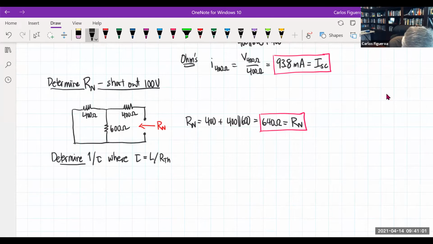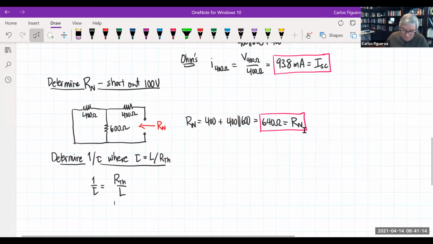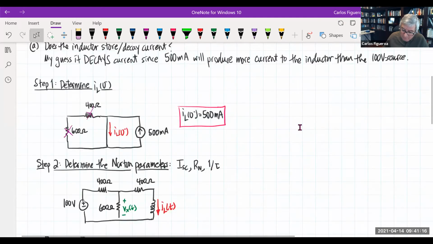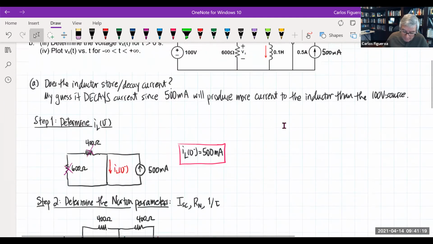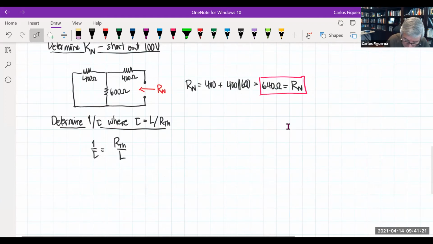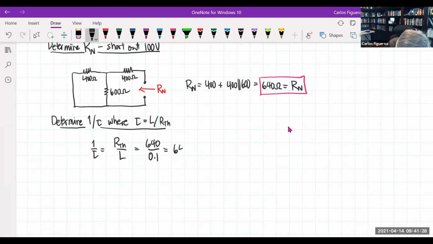So 1 over tau is RTH divided by L. I actually don't know what the value of L is. It's 0.1. So this gives me 640 divided by 0.1. We could see that this is 6,400 hertz for 1 over tau.